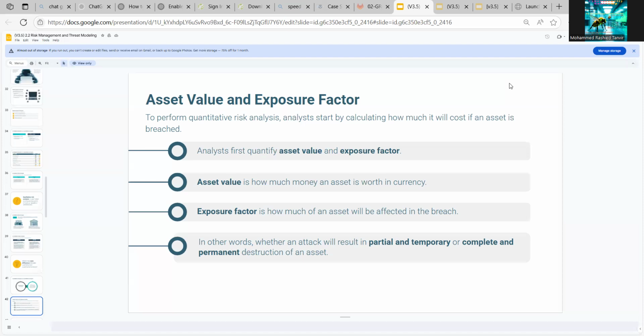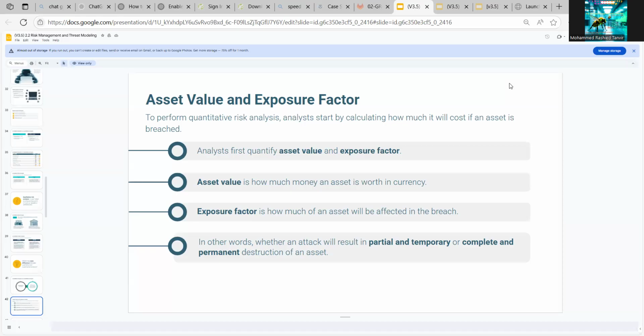Exposure factor is always somewhat subjective. Completely eliminated means 1.0.